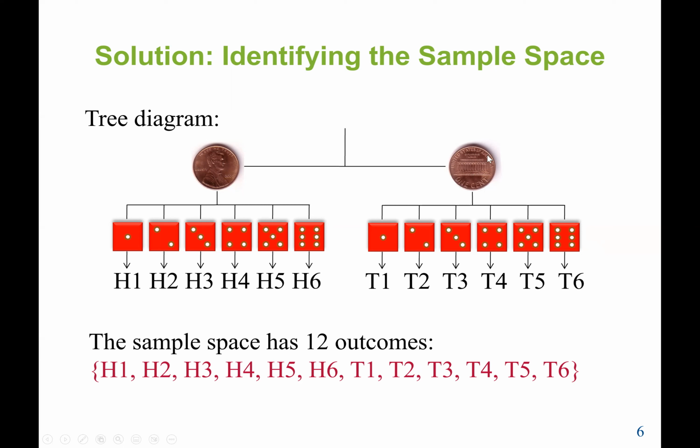The same thing if the coin is a tail: we also have 6 possible outcomes from 1 to 6 for rolling the die, so we get T1 to T6. This means the sample space, which is all the possible outcomes when I toss 1 coin and roll 1 die, is 12 outcomes, from H1 to H6 and from T1 to T6.